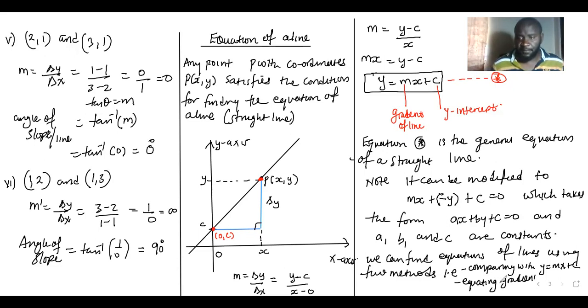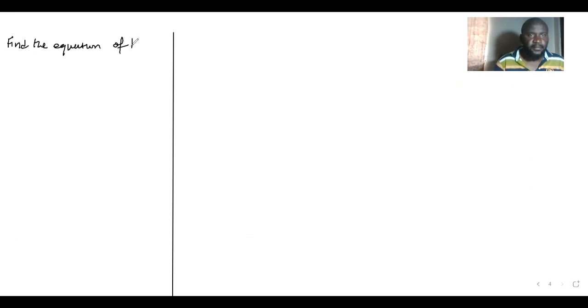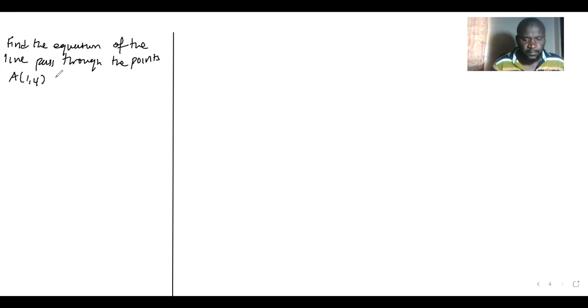Okay, so examples. They can ask you to find the equation of the line passing through the points A, 1, 4, and B, 2, 5.